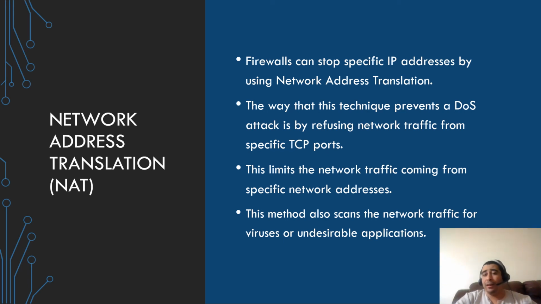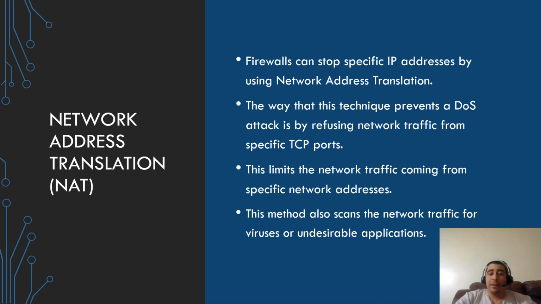The way that this technique prevents a denial of service attack is by refusing network traffic from a specific TCP port. You would have to manually configure it and understand what you're doing, because if you do this to every IP address, you won't be able to connect to the internet or get anyone connecting to your website. There will be no connection at all. So you will do your own denial of service if you don't know what you're doing.